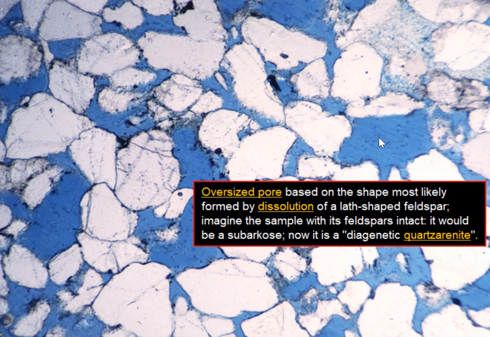I think that detail is really important when you're trying to think about how this sandstone layer formed. I think it's less important that it's subarkose versus diagenetic quartzite, unless you're trying to understand the reservoir that is holding the groundwater, or the reservoir that's holding your hydrocarbon. Okay, that is the end of the tutorial that is mainly focused on dissolution.